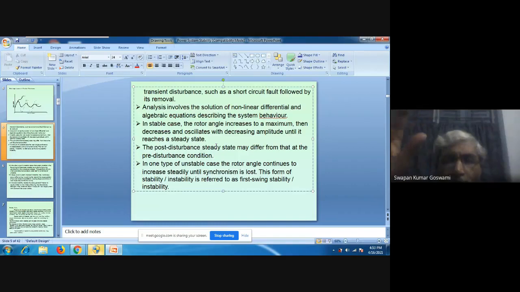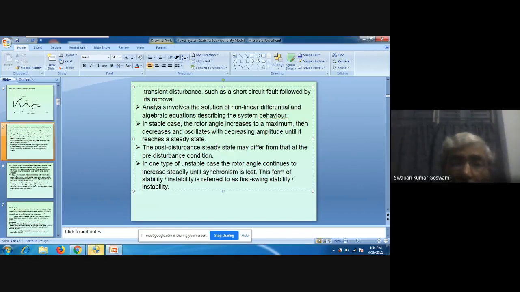That means the delta of the rotor before the disturbance and the delta after the disturbance at the new steady state may be different. It will depend upon the system condition, the type of disturbance, the control applied, and the changes that took place in the system. These will decide whether the new steady state and old steady state will be different or not. So they may become different.